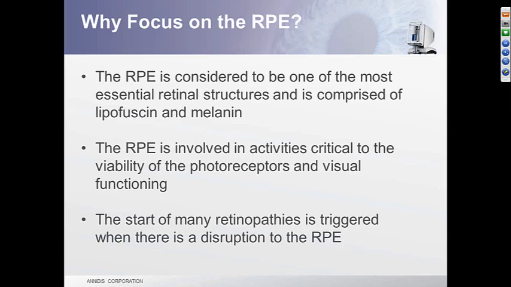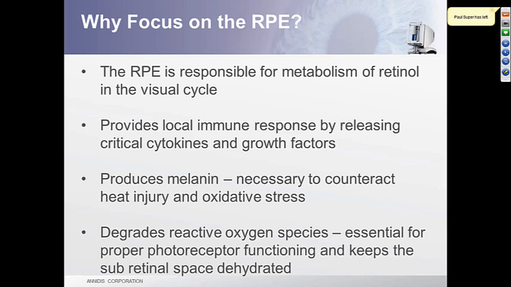We all know how important the RPE is in the pathogenesis of most retinopathies, dystrophies, and degenerations. It's responsible for the metabolism of retinol and the visual cycle, highly metabolic tissue, provides for a local immune response, which can be good and which can be bad, produces the pigment melanin, and also works to degrade reactive oxygen species, which are created from environmental and other exposures.